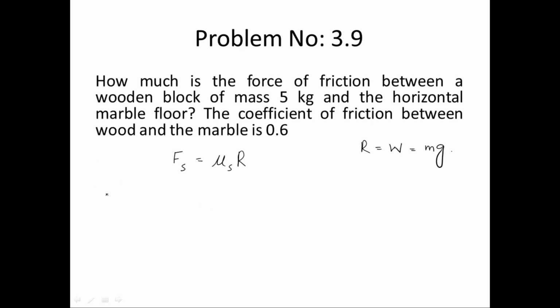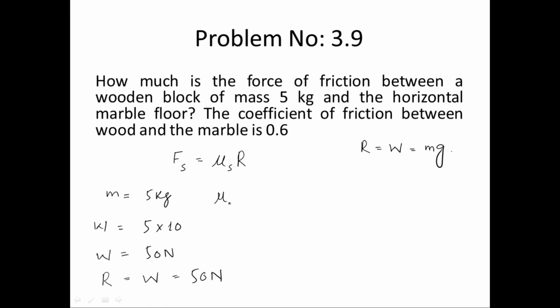So in the given data, the mass of the block is 5 kg. So the weight of the object should be equal to 5 multiplied by 10. g is the gravitational acceleration, 10 meters per second square, and now it is equal to 50 Newton. So the weight of the object is 50 Newton, and the reaction force is also equal to W, which is equal to 50 Newton.